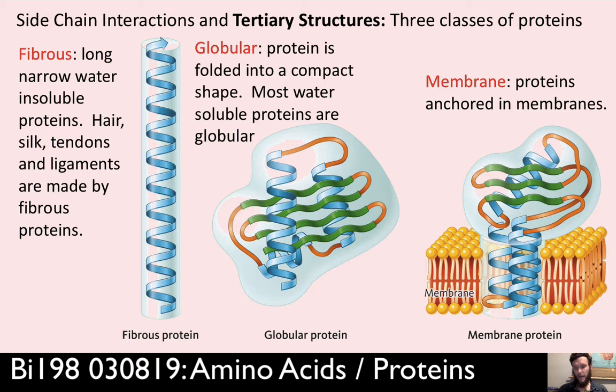That is to say that there are going to be amino acids that don't want to be around water. They're the greasy side chains that we first talked about. And they're going to be very happy to line themselves up along with the greasy tails of the phospholipids, of the fats that form the membranes of our cells, the plasma membrane, the membrane that serves as the wall of any of our cells.